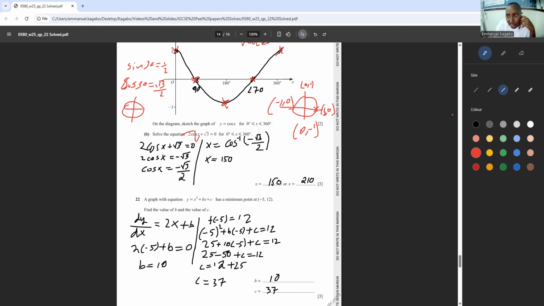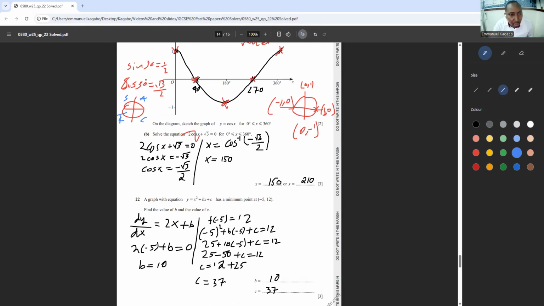In the first quadrant, sine, cos and tan are all positive. But here it's only sine that is positive. Here it's only tan that is positive. And here it's cos that is positive. So where do we have cos negative? Cos is negative in the second quadrant and in the third quadrant.